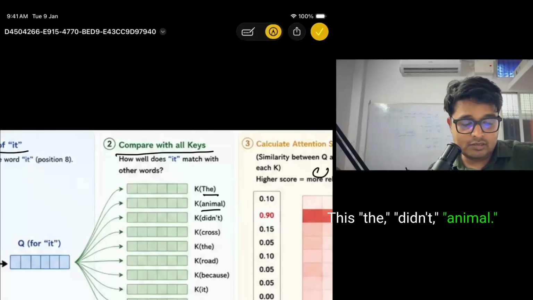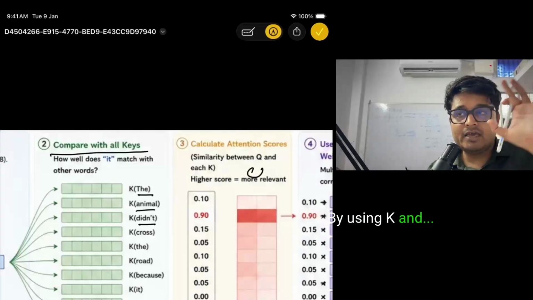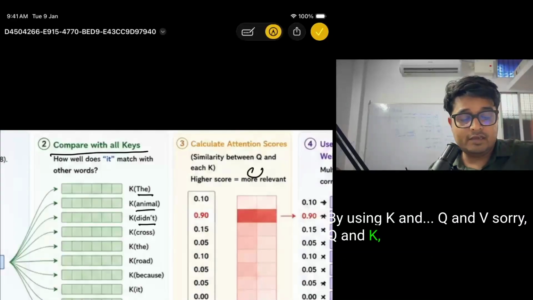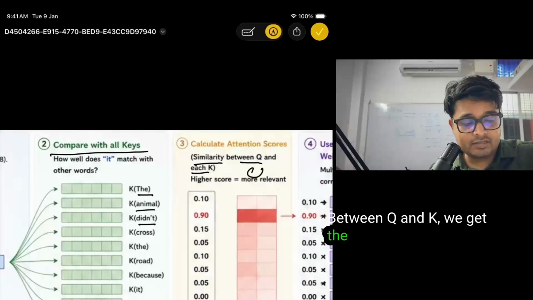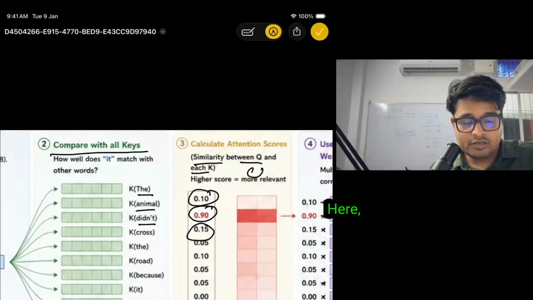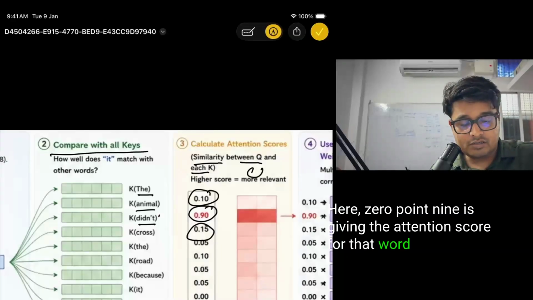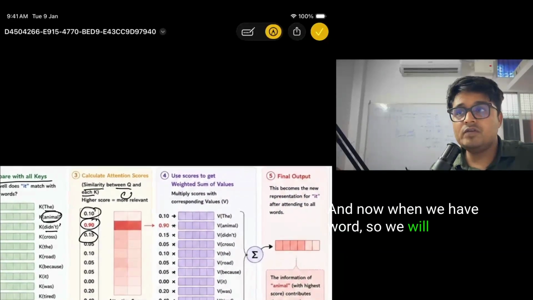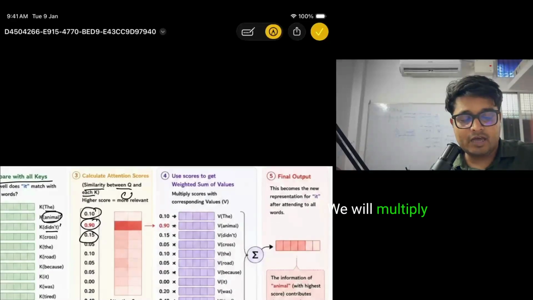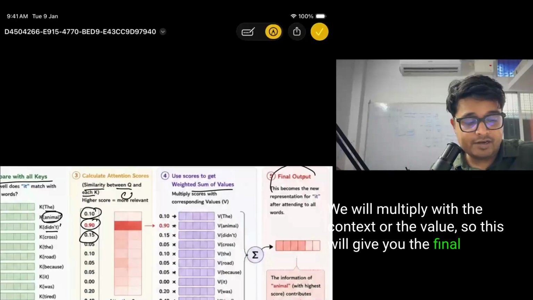By using Q and K, we get the attention score. Here 0.9 is the attention score for the word animal. Now mathematically, we multiply this with the context, or the value. This gives you the final output.